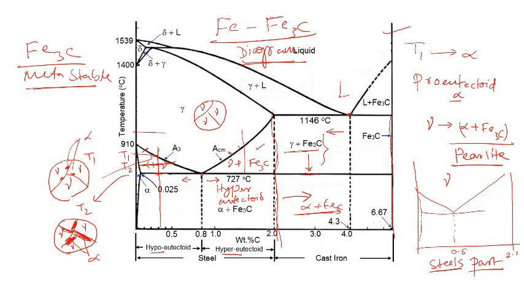But when the carbon content is increased beyond 2%, then there are favorable conditions for this dissociation to occur, because now the carbon concentration itself is high. So it has more chances to come out from this Fe3C phase and be present as free carbon, as graphite. Okay. So that could happen beyond 2.1% of carbon, in materials having more than 2% of carbon. Okay. So that material is cast iron.